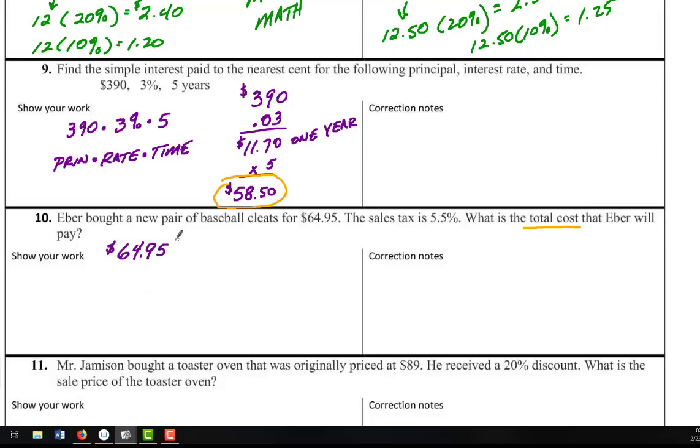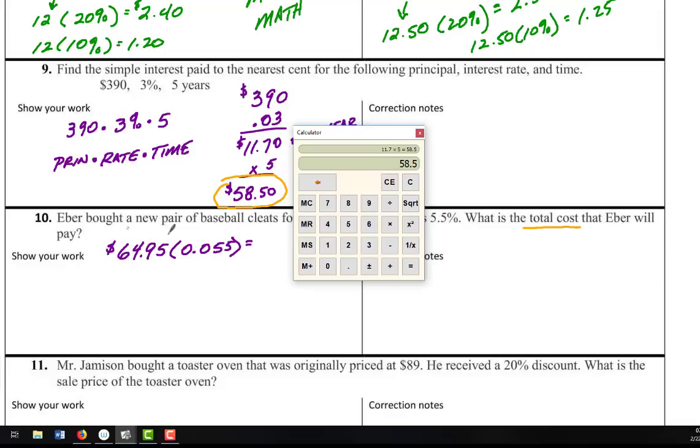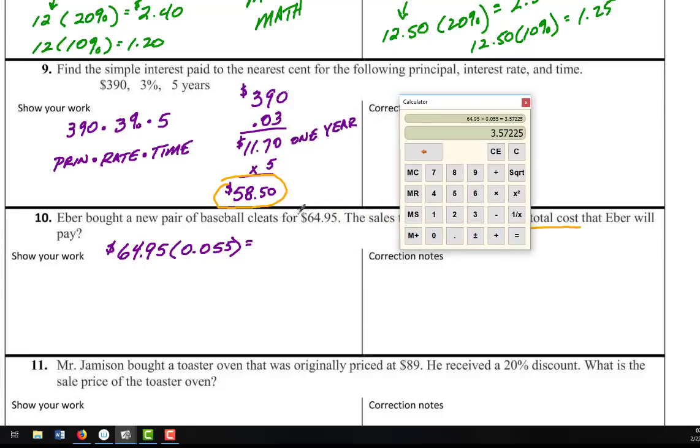$64.95, and we would multiply that by the tax. So we would take our $64.95 times our 5.5%, and that would give us $3 and then 5.72, so that's going to round to 57 cents.